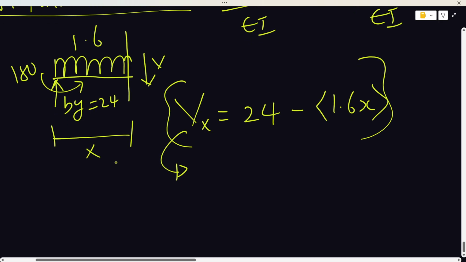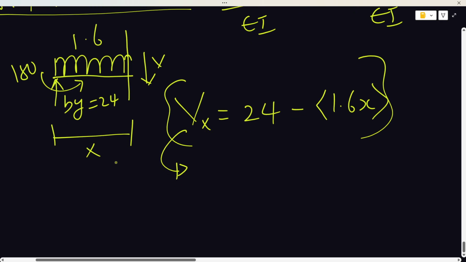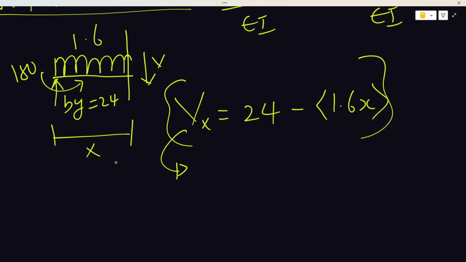But now, the purpose of me even saying that is that remember that when we want to find the position of the maximum bending moment from the moment equation, we differentiate that equation of moment we have. We say dM over dx is equal to 0. What we're basically saying is that we're converting that equation to a shear force equation. And remember that we equate that equation to 0.